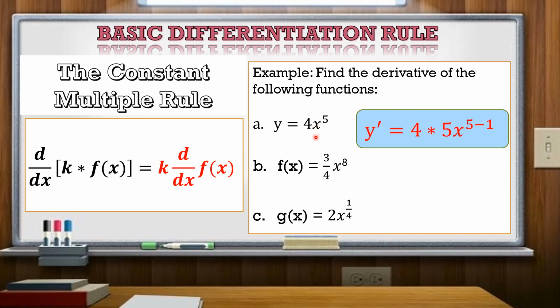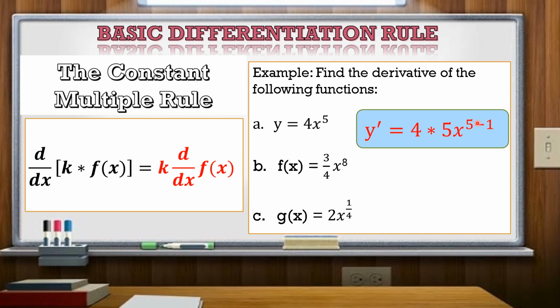Then, we will multiply by the derivative of your x to the 5th power by applying the power rule. Okay? So, ibababa natin yung 5. Kaya naging 5 dito, then subtract by 1. Then we will simplify to get 20 times x raised to the 4th power.